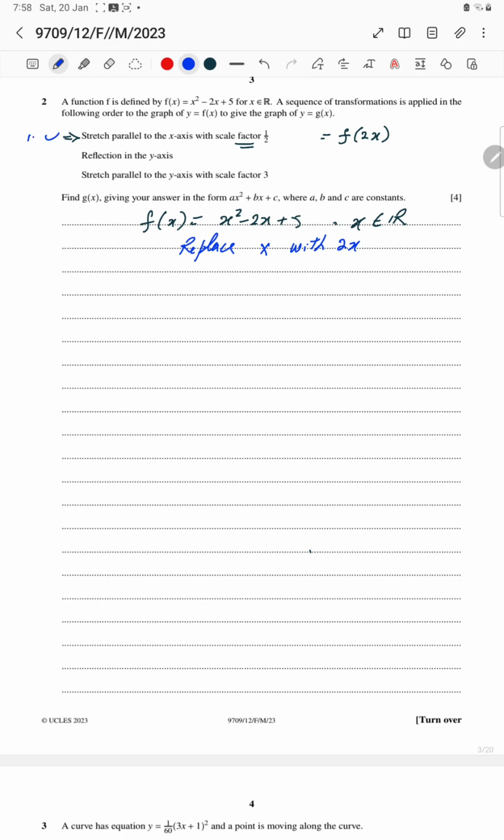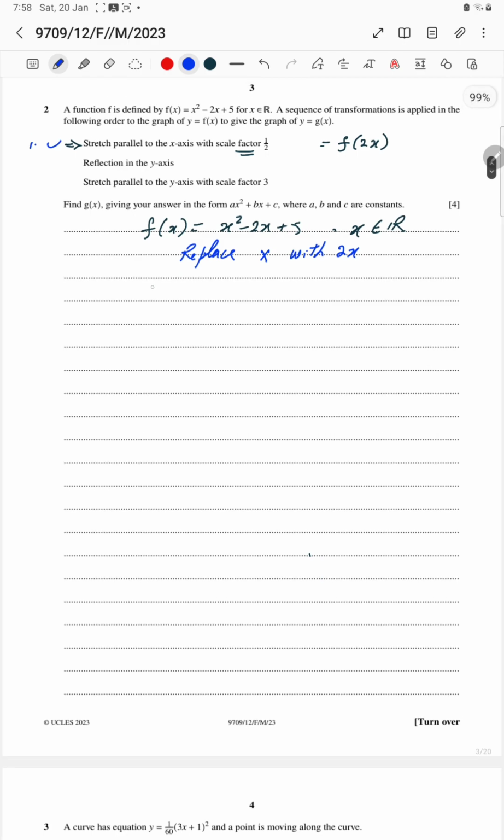Here you can see it's the first case, so we'll get f of 2x equal to 2x whole square minus 2 times 2x plus 5. So we get 4x square minus 4x plus 5. This is the first case of transformation that has been done.